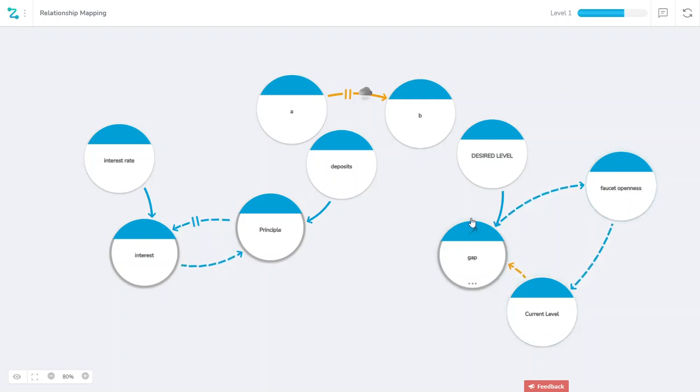So what you have is a reinforcing structure and a balancing structure and a direct relationship, and this happens in instances such as this and this, where you're not actually having that variable be altered in the time frame of whatever it is that you're modeling.